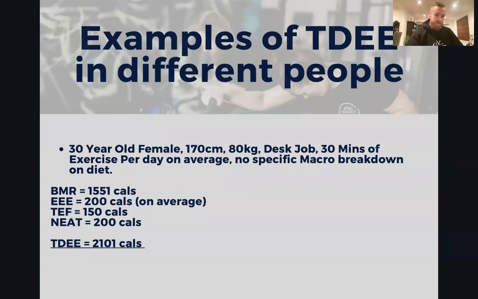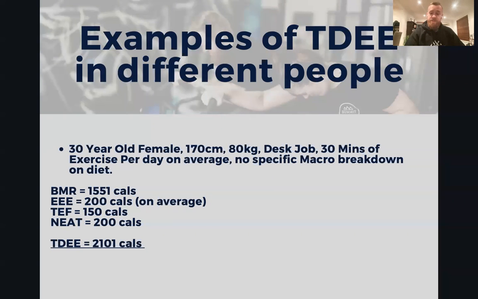So judging on these criteria, if we were to look at her BMR, firstly we'll do the weight. So 80 times 10, so 800. And then we're going to times her height by 6.25, or sorry, if I write that properly. So plus 170 times 6.25, so 1862.5.